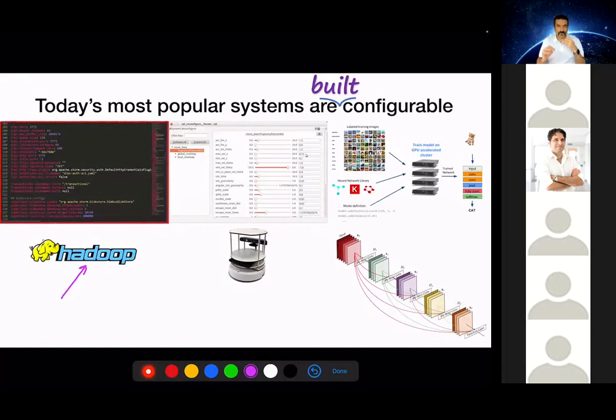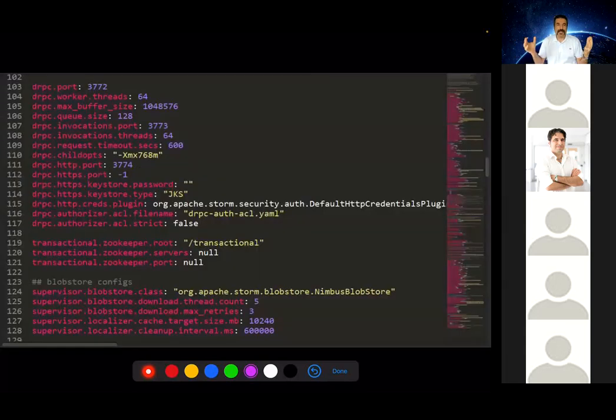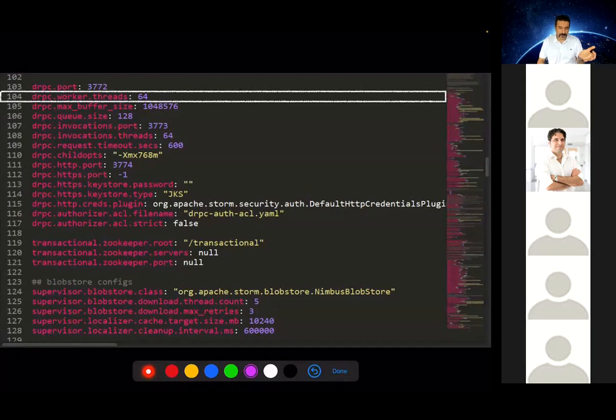Let's look at one particular example, in this case, Apache Hadoop. We know that a big data engine, such as Apache Hadoop, exposes different configurable options. For example, here we have the number of threads that the end user can change. Here it is 64. Obviously, the user can play around, change it to 32 or more threads, and could set any integer for these particular options.